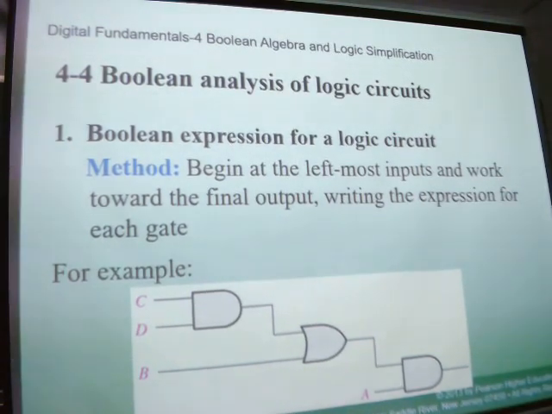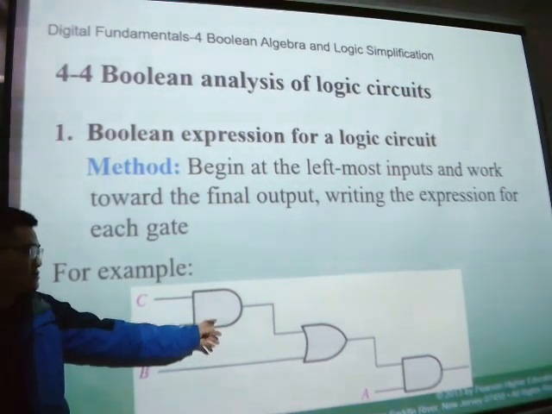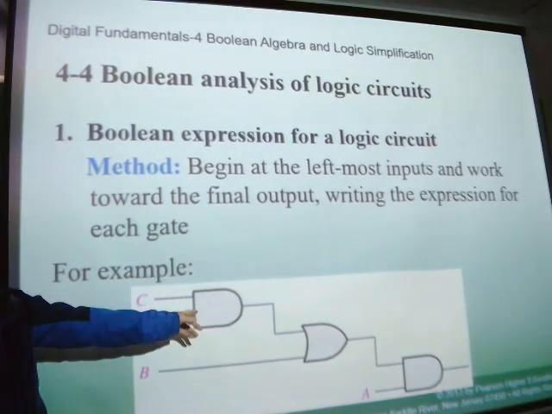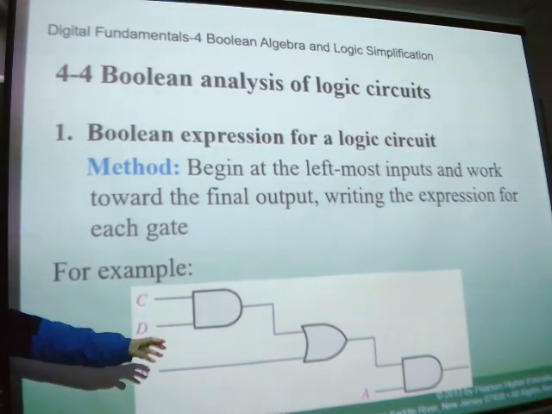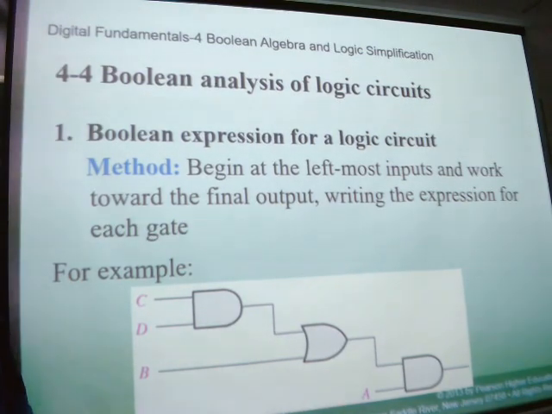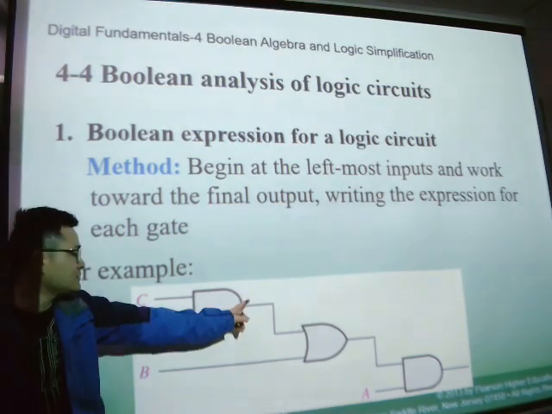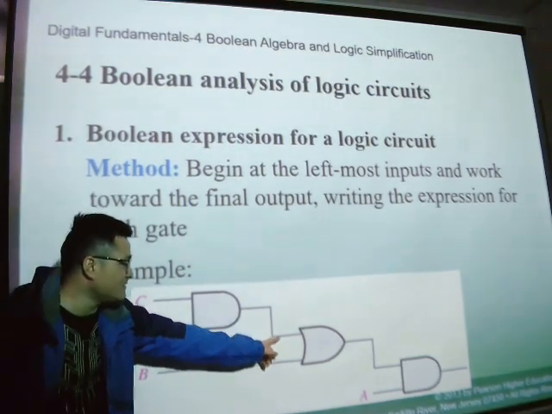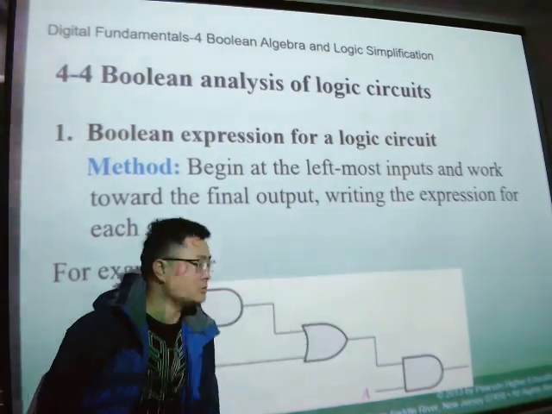So we must write each gate's output, and then write the final output. For this circuit, we must first write this output, and then this output, and then the last output.